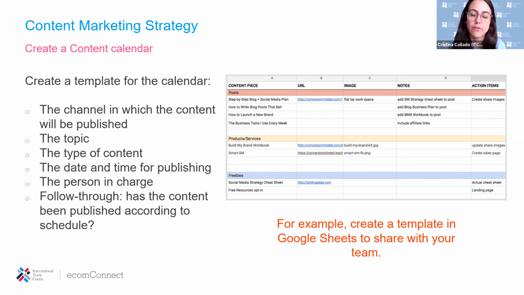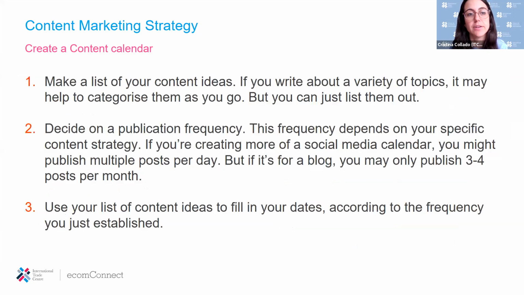But if you want to go first a bit more simple, we suggest you to use a Google Sheet that you can share with your team and you can all work together. And then the content calendar will allow you to see what has been published according to schedule and what needs to be done later.